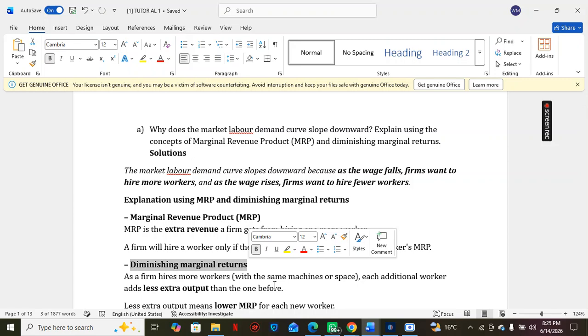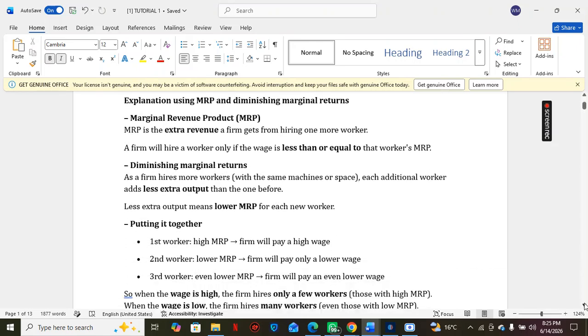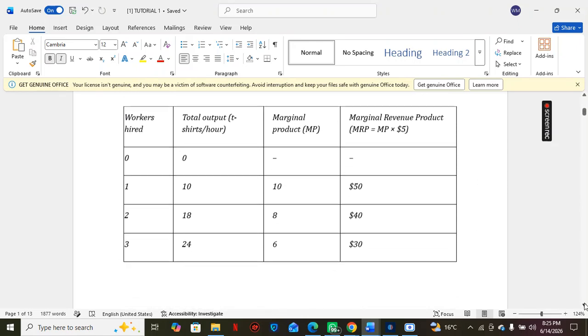But the more workers you keep on hiring, all your machinery is fixed, your land is fixed. Eventually, the more workers you continue bringing in, the additional output that they'll bring in is going to drop. And as the additional output that they bring drops, also the additional revenue starts to drop. That's how those two concepts explain why the demand curve is downward sloping.